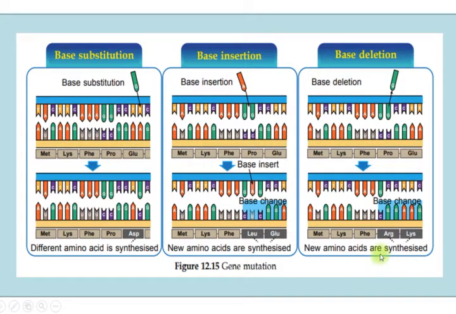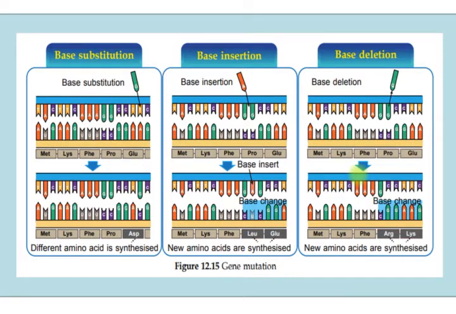So all of these types of gene mutation will produce a different or new amino acid, and then it will cause the production of a different structure of the protein. When the structure of the protein is different, that protein cannot function.